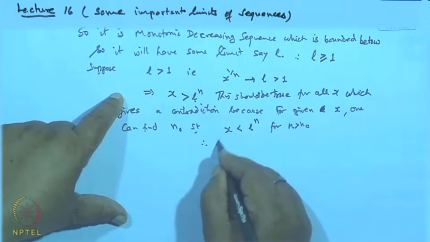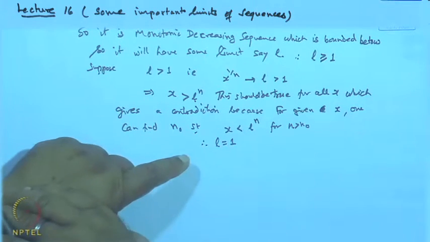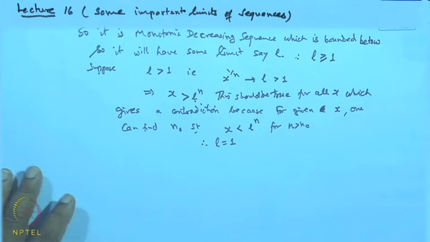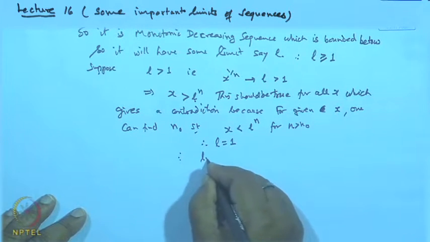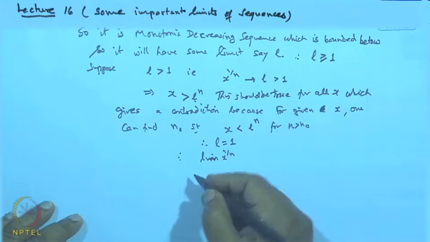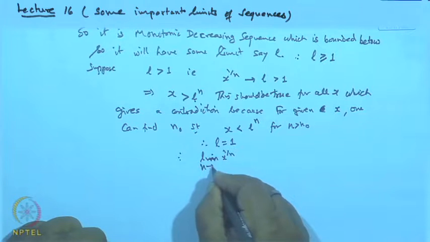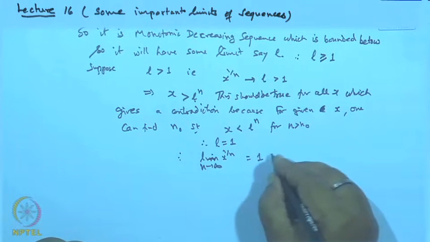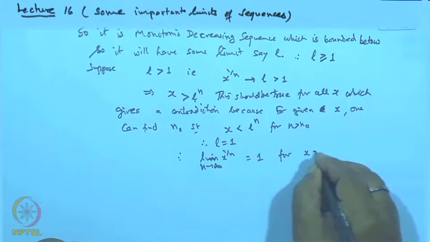Therefore, L must be equal to 1. Is this clear? So, what we conclude is that the limit of x to the power 1 by n as n tends to infinity is 1 for x greater than 1.